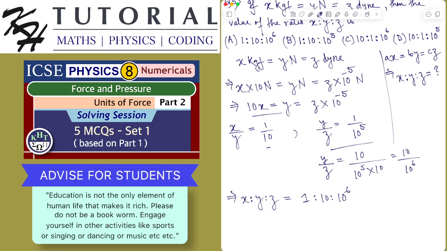Now I will not get into the details of how this concept of ratio and proportion works, because if I try to explain mathematics in physics, it will take a lot of unnecessary time. I hope you understood how I got the value of x is to y is to z. So the correct choice is A. A is the correct choice.